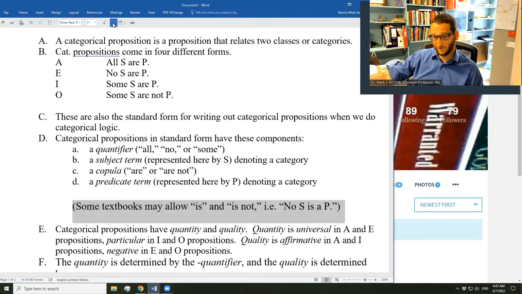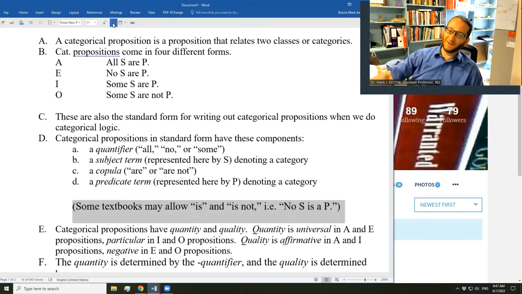And we save a lot of effort later in not having a lot of rules or special methods or exceptions. Once we have things in standard form, we can apply a very small number of rules with no exceptions to our arguments to test them for validity.